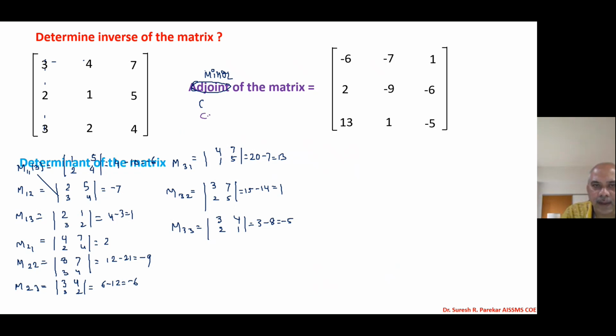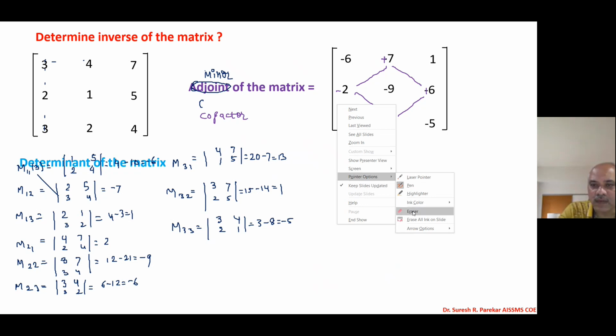I have to change the sign of these 4 entries. So this becomes plus 7, this becomes minus 2, this is minus 1, and this will be plus 6. Likewise, we will get the cofactor, and the adjoint of this will give me the next result.